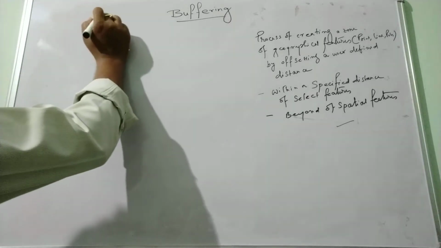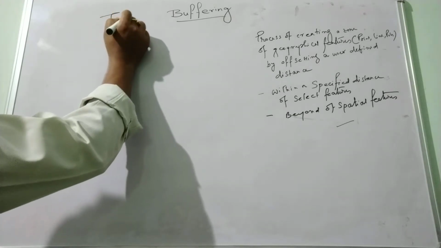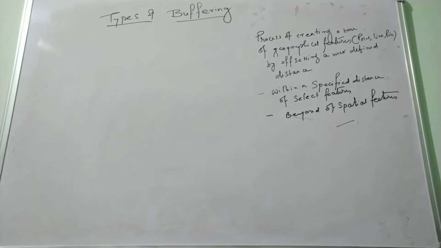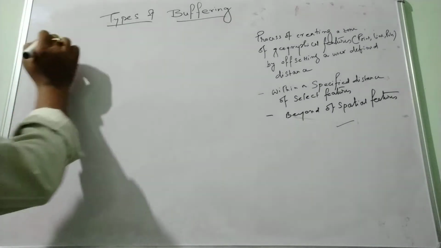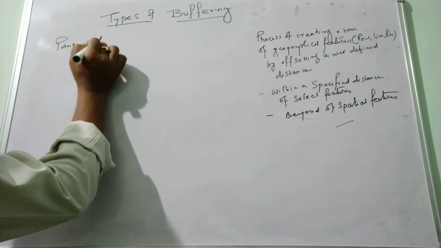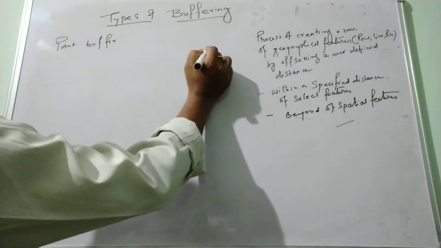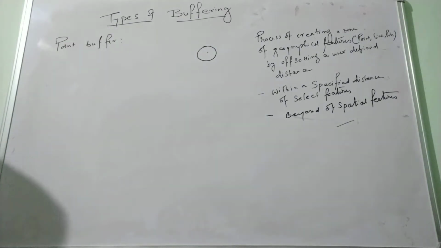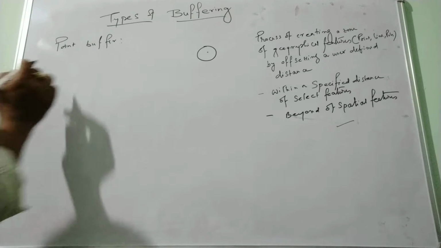So the types of buffer. Point buffer: when you are creating a buffer around the point features with a uniform distance in all directions, then it is known as the point buffer.